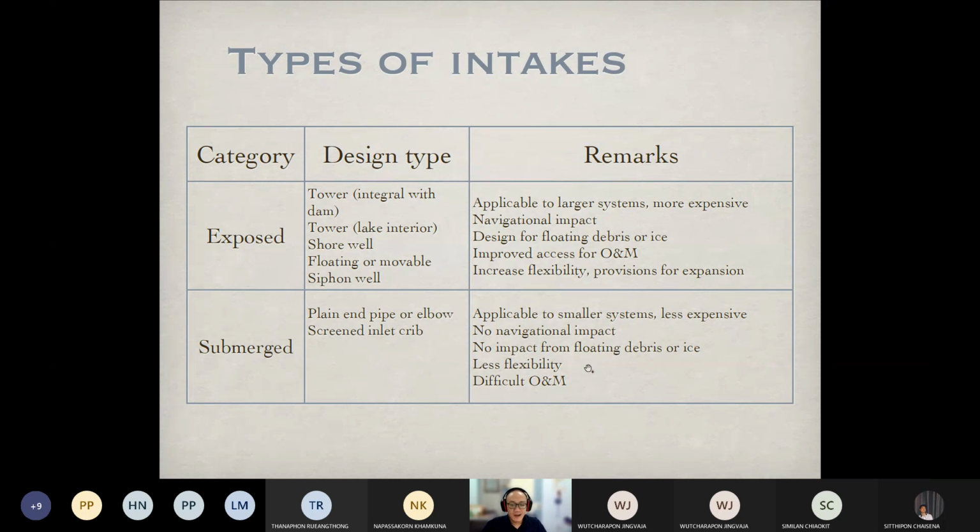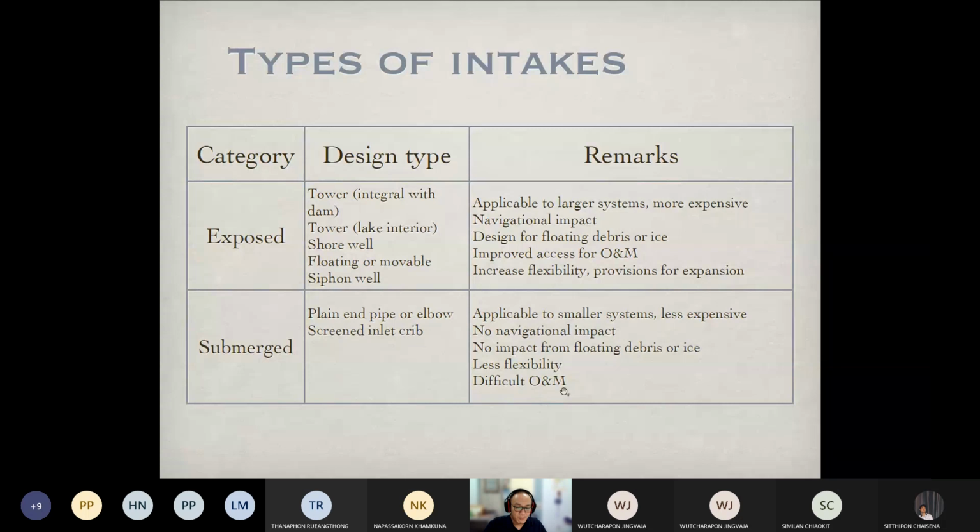And also there's no impact from floating debris or ice during the winter. But anyway, it has less flexibility because it's just a pipe installed under the water. So mostly it's fixed. We cannot adjust the depth where we want to withdraw the water.